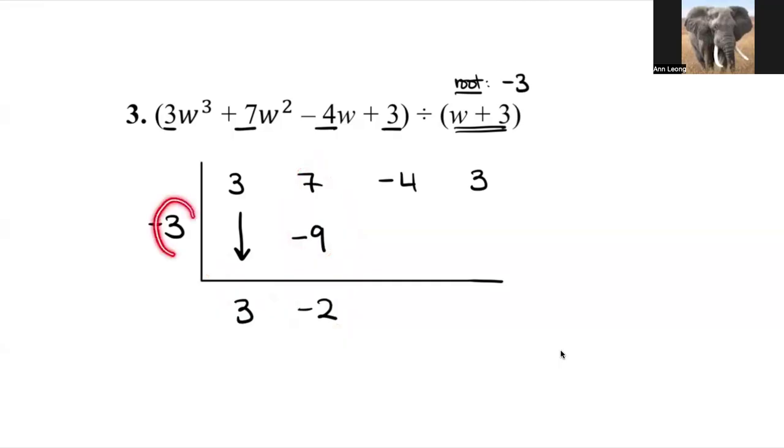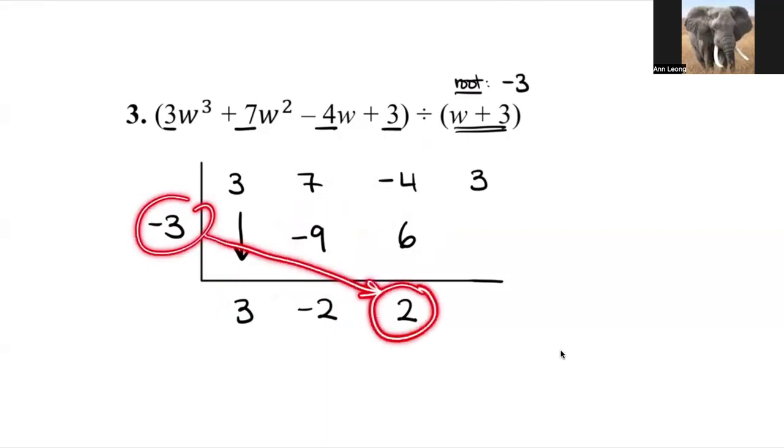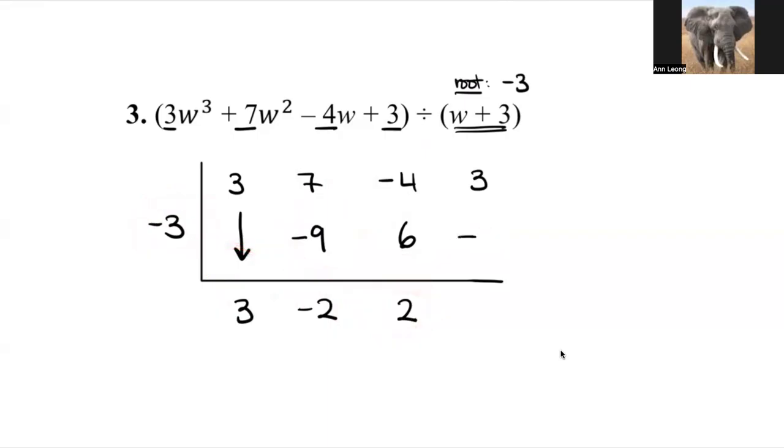Then we repeat the process. -3 times -2 gets me +6. Add the -4 plus the 6, that gets you a 2. Multiply the -3 and the 2, and that gets you a -6. And -6 plus 3 gets you a -3. That is actually our remainder. That's why I separated this last number. It's always just that last number that is our remainder.